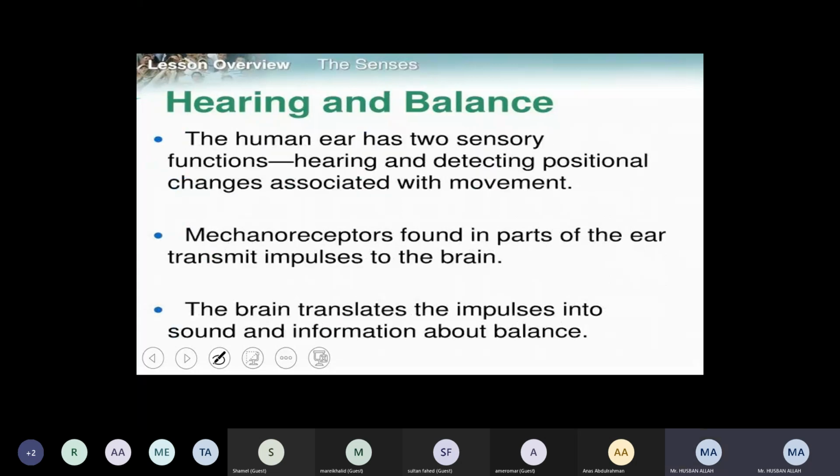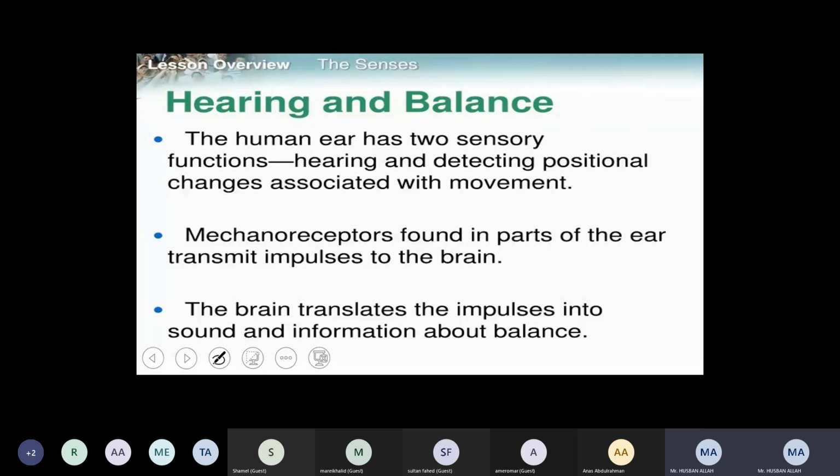The ear has two sensory functions: hearing and detecting positional change associated with movement. First, hearing, and then detecting the position associated with movement.